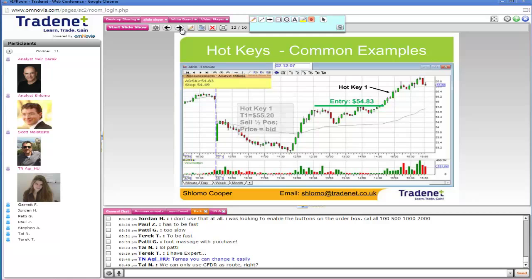All right, and then we want to think about partials. So the first partial, the first profit target in the room, is set to 55.20. So let's say the analyst in the room right now that called this entry is telling you to take the first target at 55.20. You want to be really, really fast.